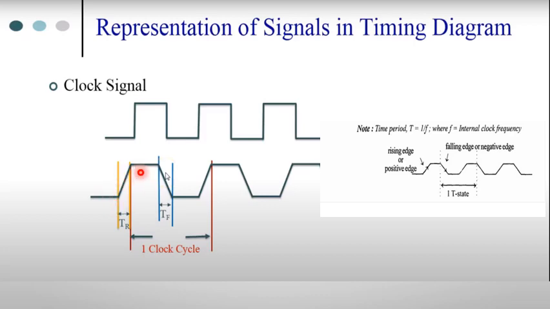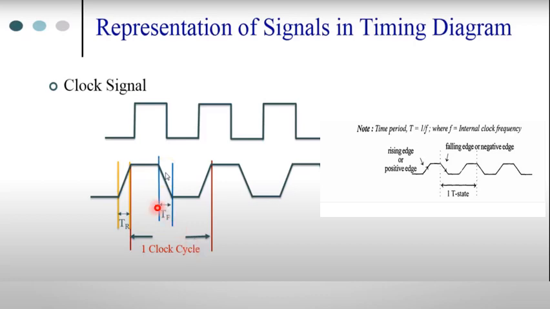In the second diagram, you can see that the rising pulse or falling pulse takes a certain time. So we can understand that a cycle is from a transition from 1 to 0. A transition from 1 to 0 is called a cycle or one T state.